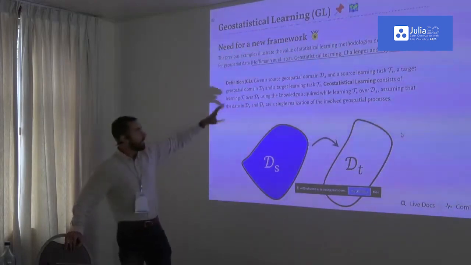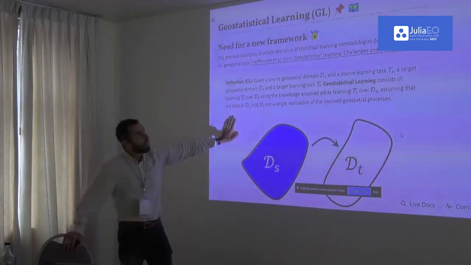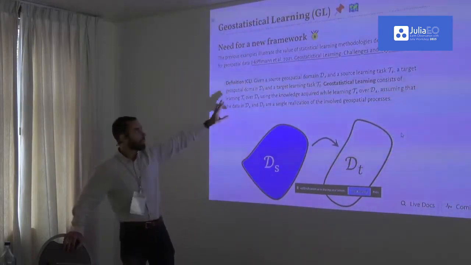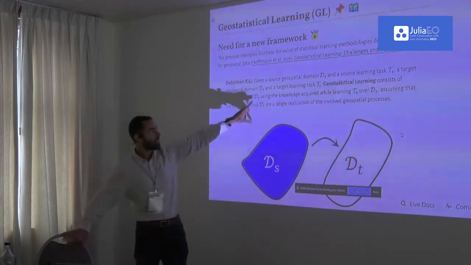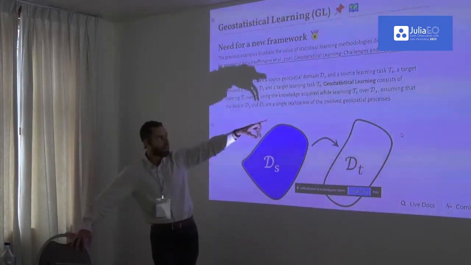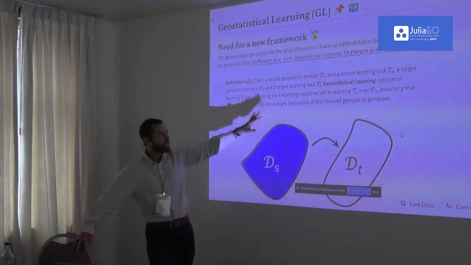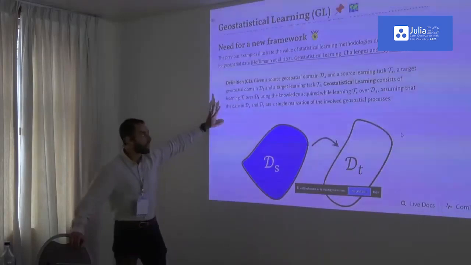You have a source geospatial domain, D sub S, and you have a source learning task, which is classification, regression, or anything like this. You have a target domain, D sub T, and a target learning task. And geostatistical learning consists of learning this task over the target domain, using the knowledge that we acquired while learning the model or the task T sub S in the source domain.